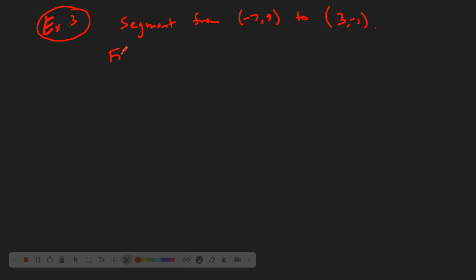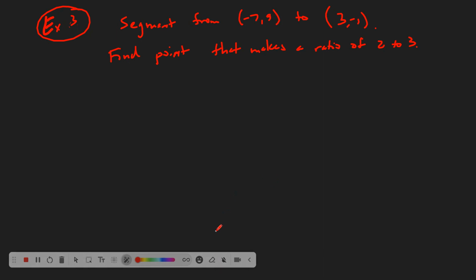I want to find the point on the segment that makes a ratio of 2 to 3. You're like, oh my goodness, what the heck does that mean? Ratios, what do we get ourselves into? So again, this is going to be done on Desmos, and again, it's going to involve slope.